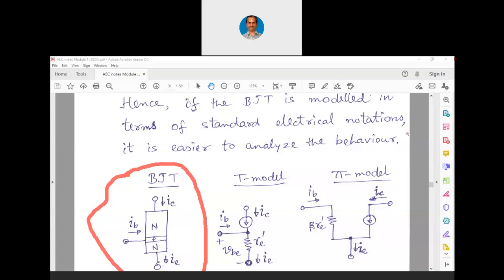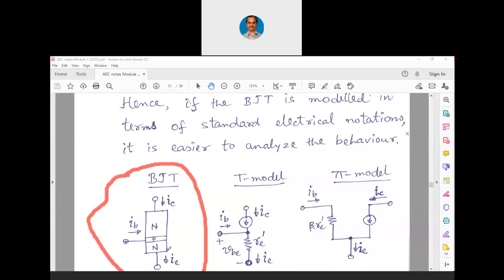So that from the emitter, when the electrons move out, only some of them recombine at the base, remaining electrons simply move towards collector. For example, let us say there are 1000 electrons at the emitter, and let us say there are only 10 holes at the base. Out of the 1000 electrons which are coming out of the emitter, only 10 electrons recombine at the base, because the base is a p-type.